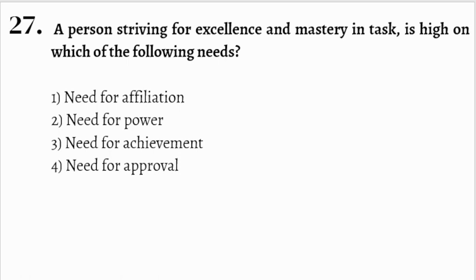Okay, everyone. The question asks that a person striving for excellence and mastery in a task is high on need for achievement. Affiliation would ask for more belongingness, power would be for direction, leadership, etc., and approval is for validation, though there is no such thing as need for approval.